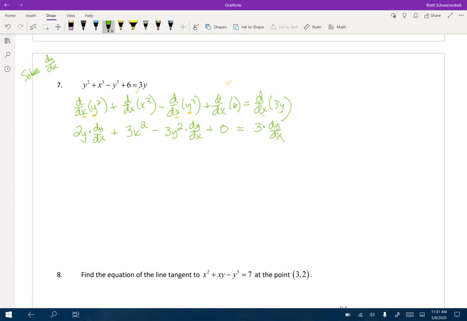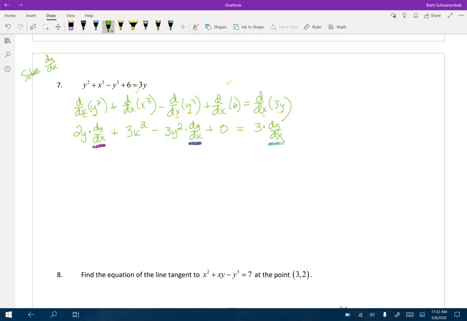Okay, so how is this different? We need to solve for dy dx, but we have 3 dy dx's. This is a very common algebra technique but students often completely forget it. You basically have to isolate all of the dy dx's on one side. So that is our first thing. We're going to get them all on the left side.